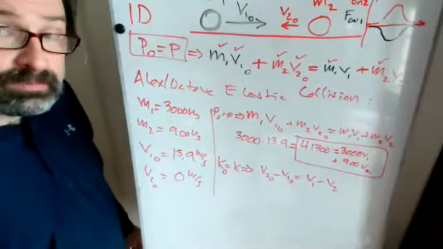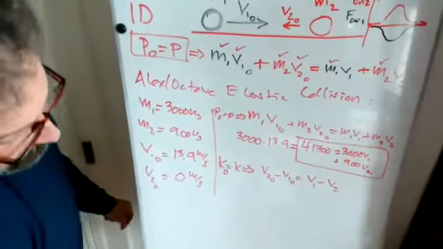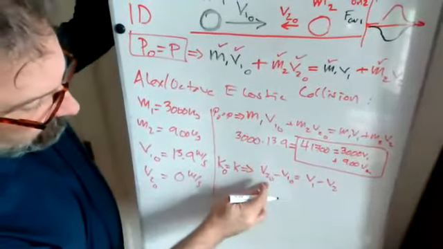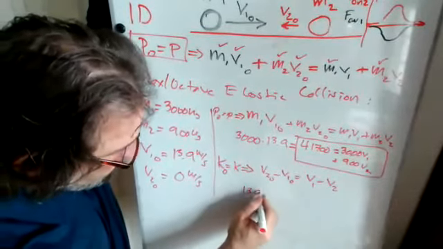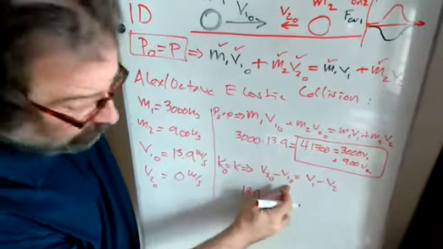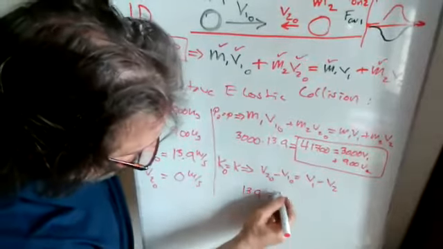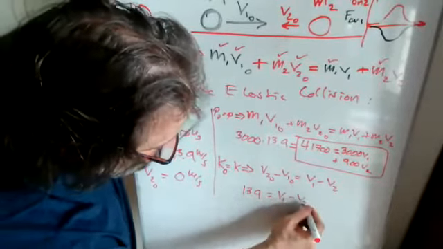Okay, and let's plug in values. V20 is known to be 13.9. V10 is 0. We can drop that. And then we have V1 here and V2.